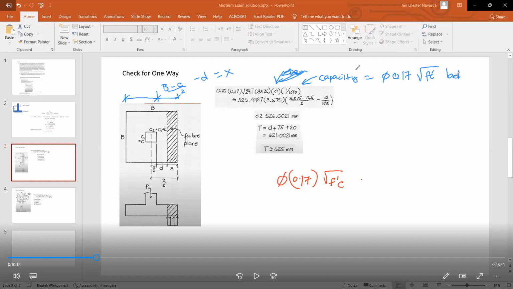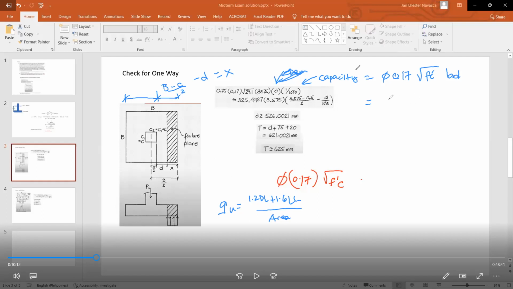And equate it to the actual or to the demand. So solve mo muna class yung QU. I think you know how to solve for QU. So 1.2 dead load plus the 1.6 live load divided by the area. After solving your Q sub U, you can now solve for your one-way shear stress.